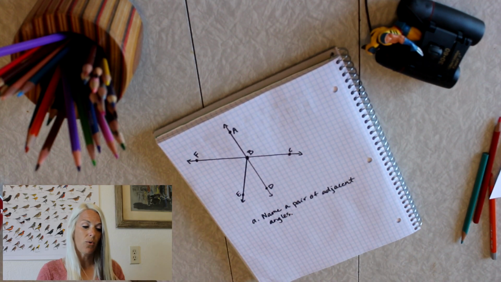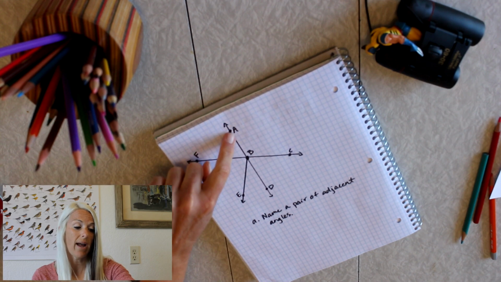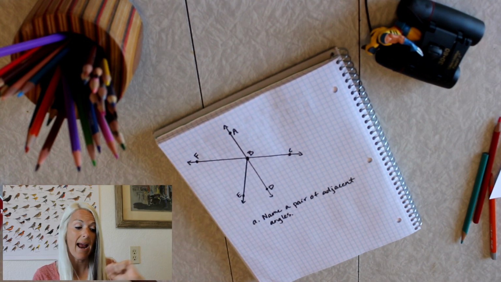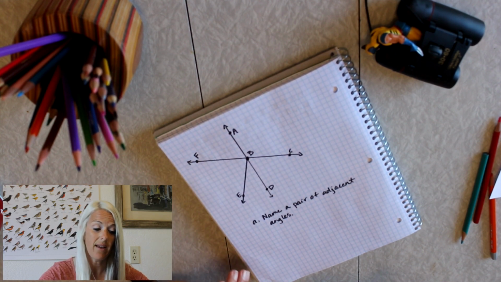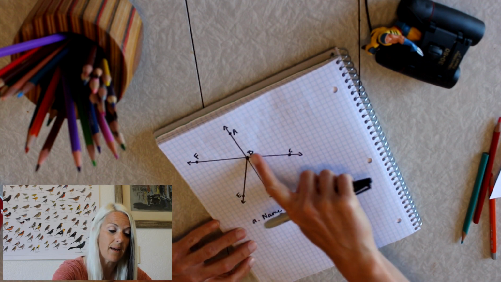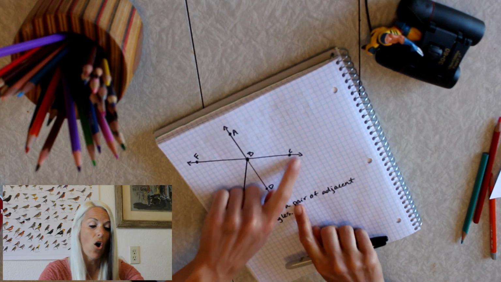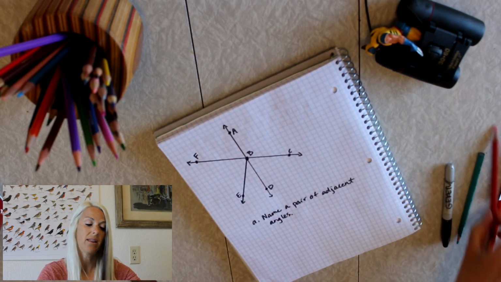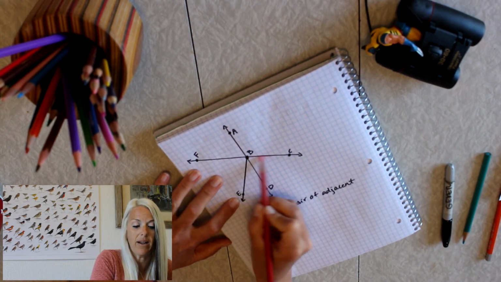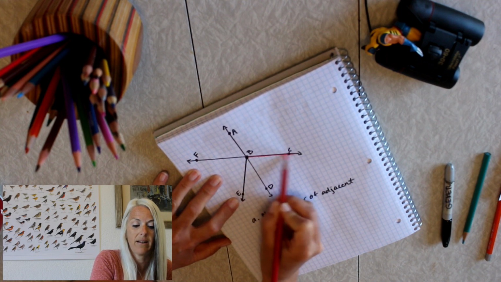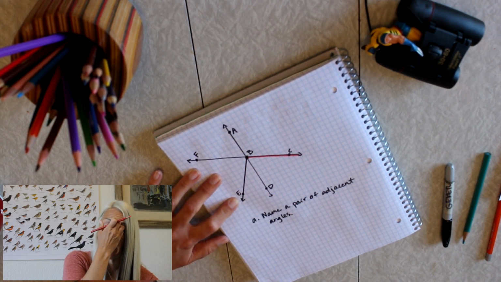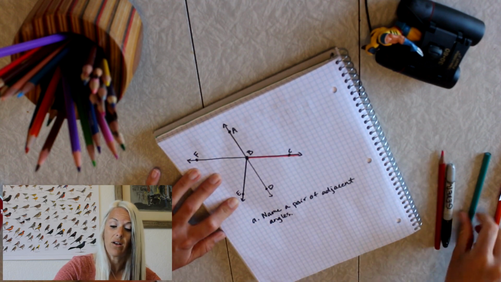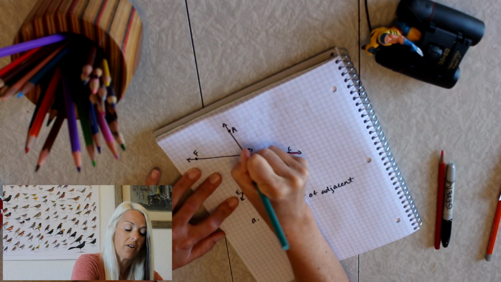ABC. So I see that angle ABC, and let's take a look at this, angle CBD, both of those angles share this line right here. They have that common line. So there's that common line. And again, they also share that common vertex.